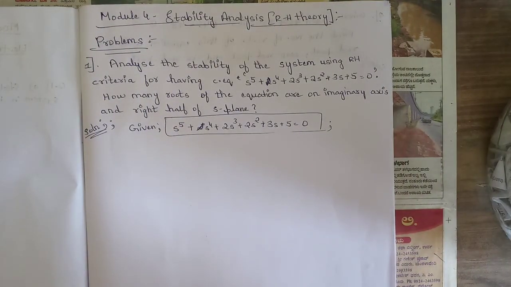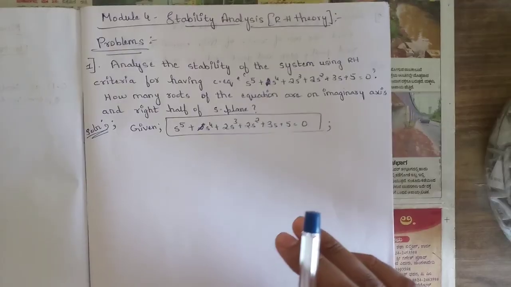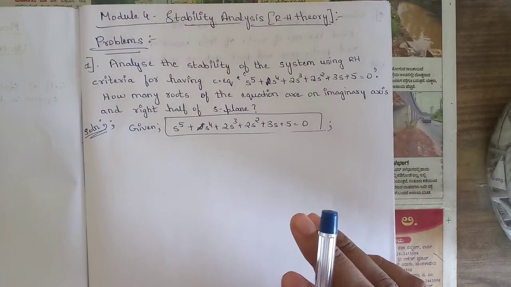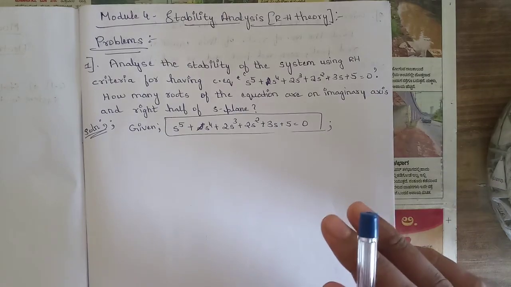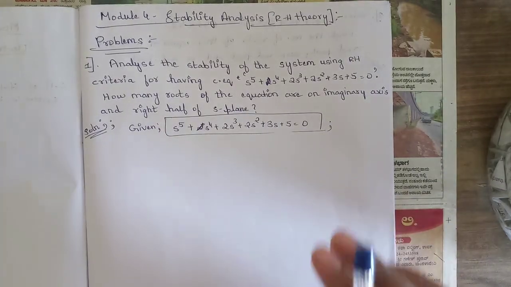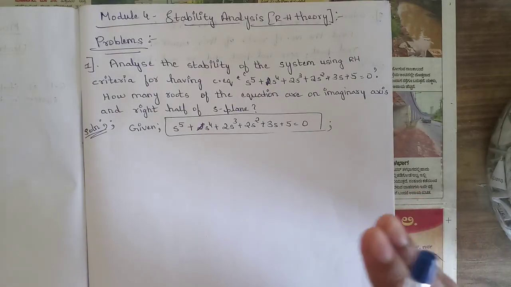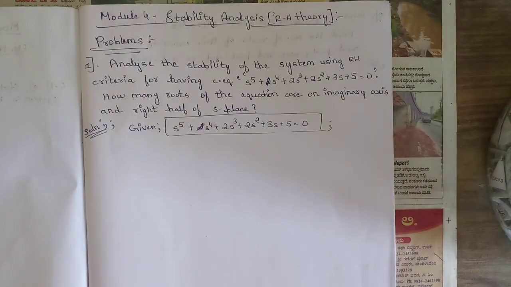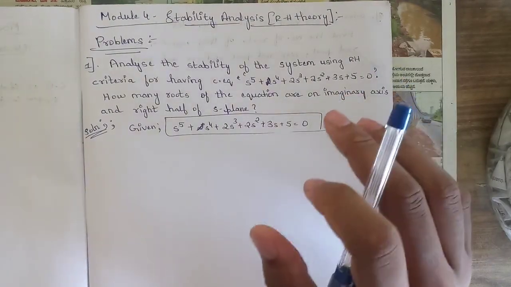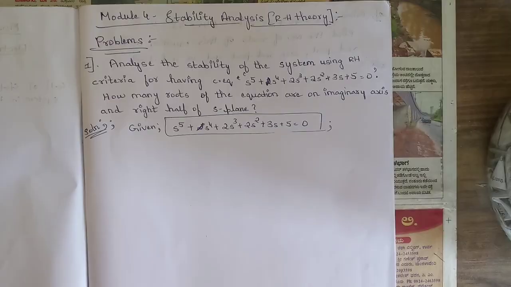That is not possible in this case since we are not getting any marginal values. So we need to check if we are getting any row of zeros in this question. If we get any row of zeros while solving, then there are chances that the system is marginally stable and the roots might be on the imaginary axis. That won't be there in this question, so we can directly conclude that there are no roots on the imaginary axis. Okay, so now let's solve this question.